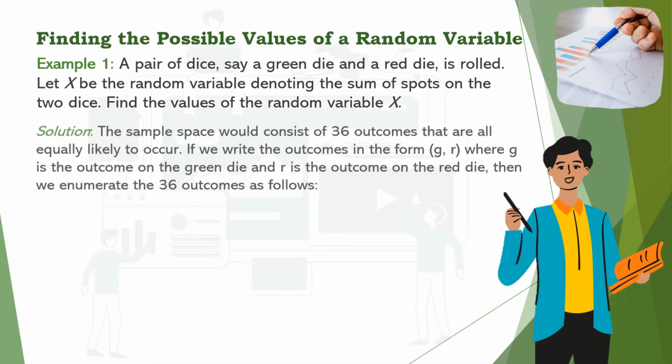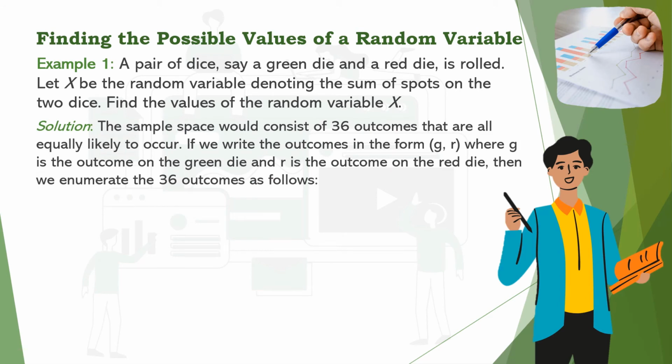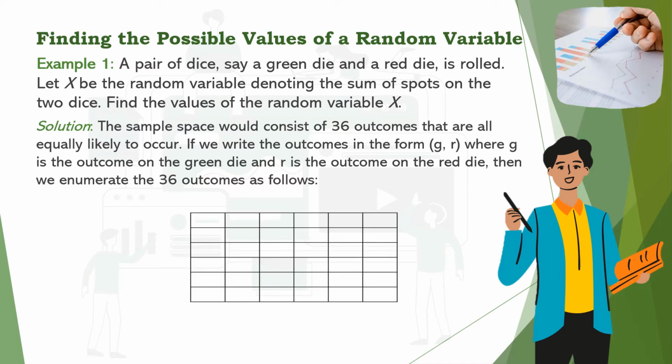Note that each of G and R can be any of the whole numbers from 1 through 6. Para madaling mailista lahat ng posibleng mga outcome, gagamit tayo ng table of outcomes. We use rows to represent the possible outcomes for the green die and columns to represent the possible outcomes for the red die.